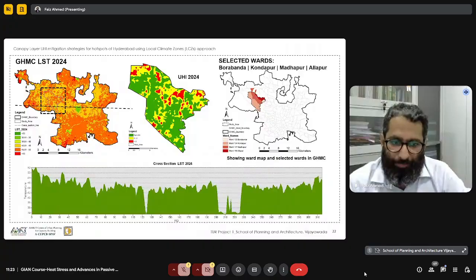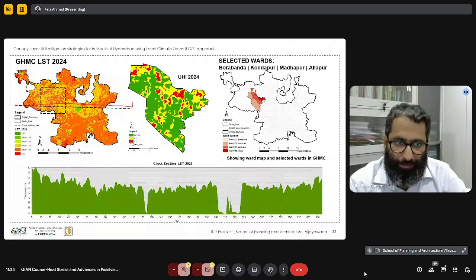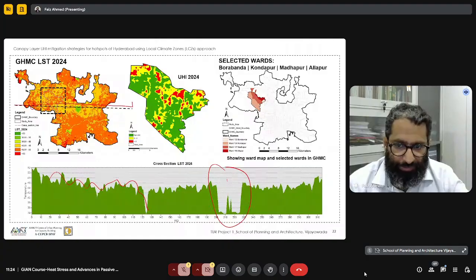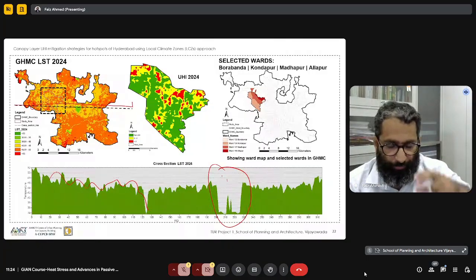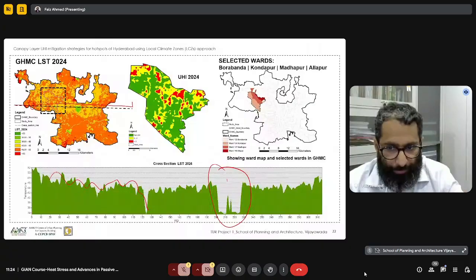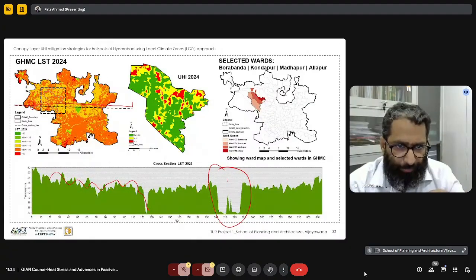Now, how do we capture these variations across the city? For example, like I have been saying, if you take out a section across the city, because of the different urban heterogeneity or urban density, green cover and blue cover, the surface temperature varies. But this is Hussain Sagar Lake. For those who are not aware of the geography of Hyderabad, this is one of the famous lakes.